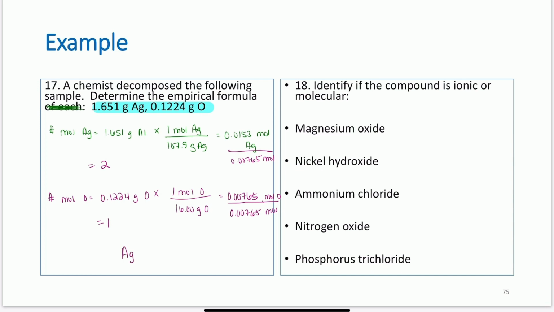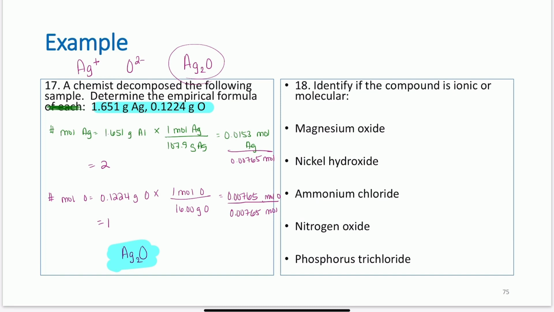That means the formula here is Ag2O. Now, this formula shouldn't surprise us, silver oxide, because we know silver has to be Ag+ and oxygen has to be O2-. So it makes sense to me that Ag2O is the correct answer. You would still have to show work on a problem like this to get full credit, but you should be able to check yourself by understanding the naming.